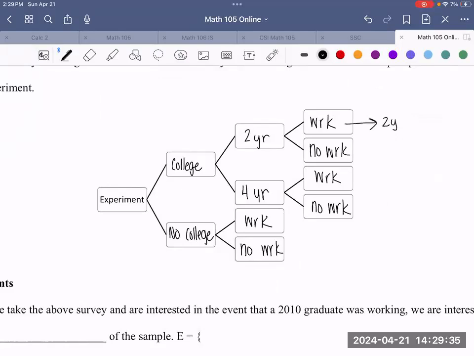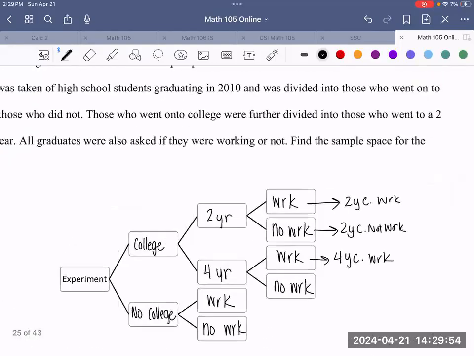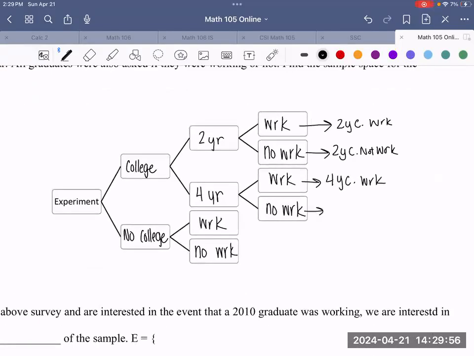So your sample space, all of your different options, starting at the top, you could go to a 2-year college and work, a 2-year college and not work. You could go to a 4-year college and work. A 4-year college and not work.